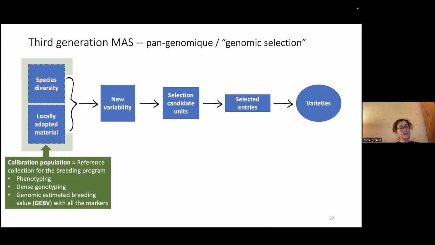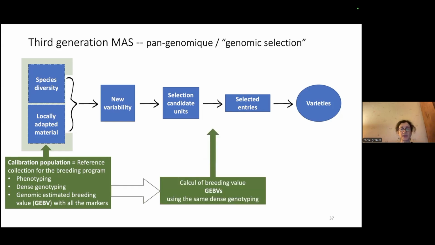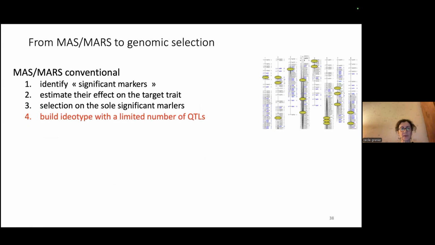And then on this population we will develop the genomic estimated breeding value with all the markers that have been used for the characterization of this population. And thus basically what remains to do is to just genotype the selection candidate units and to evaluate their breeding value using the same genotyping.